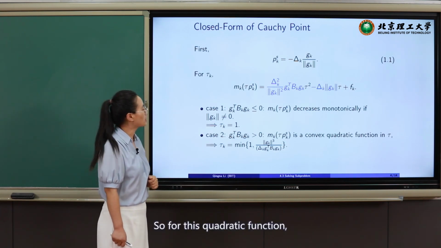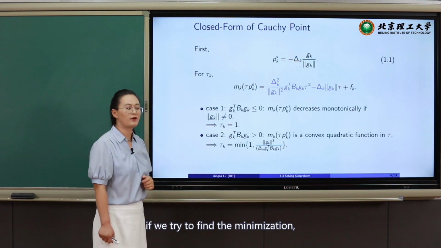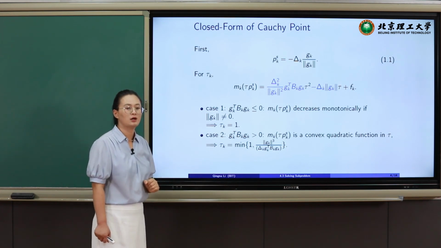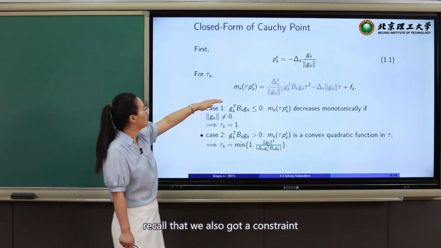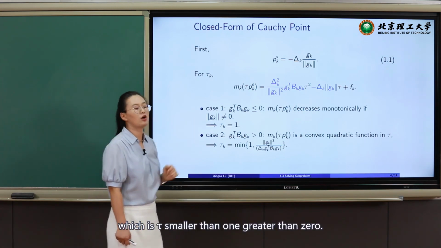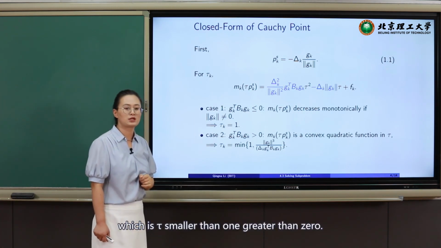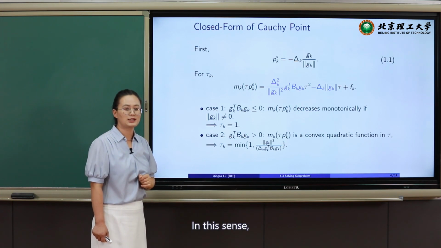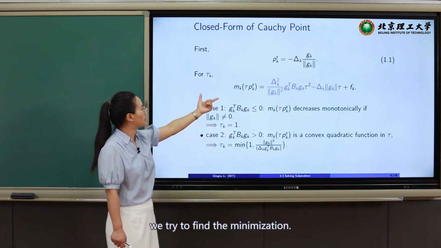For this quadratic function, if we try to find the minimization, recall that we also have a constraint, which is tau greater than 0 and smaller than 1.